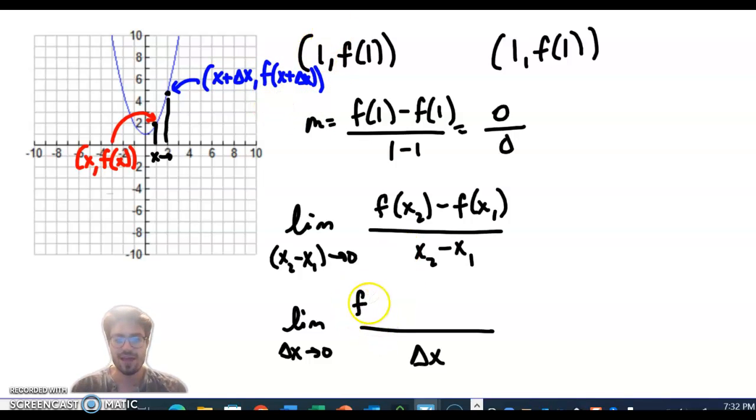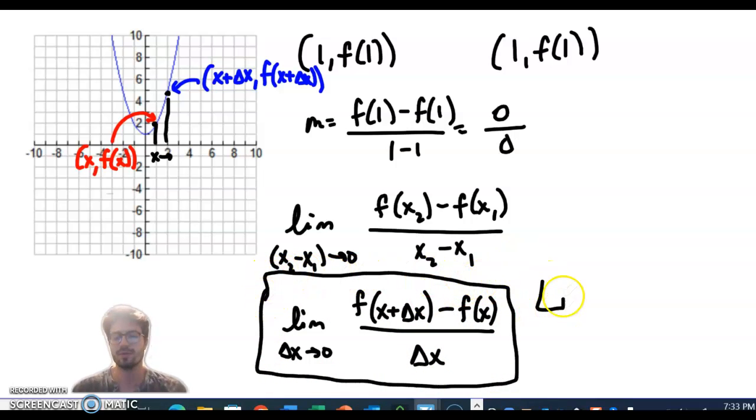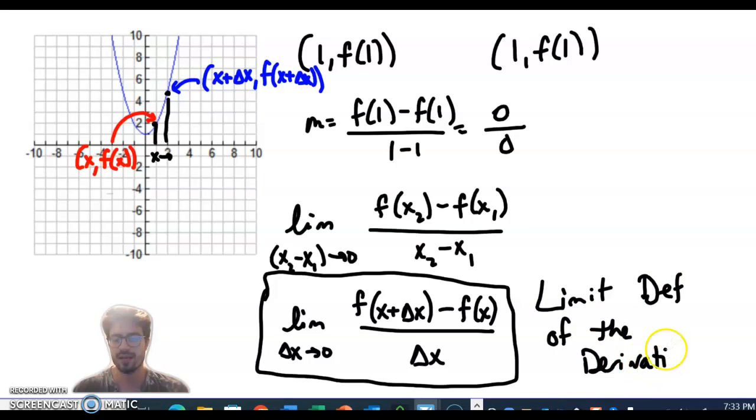I'm going to have f of x plus delta x minus f of x over delta x. This is what we call the limit definition of the derivative. And I'm going to write that. Limit definition of the derivative. And we're going to see how to apply this in the next video.